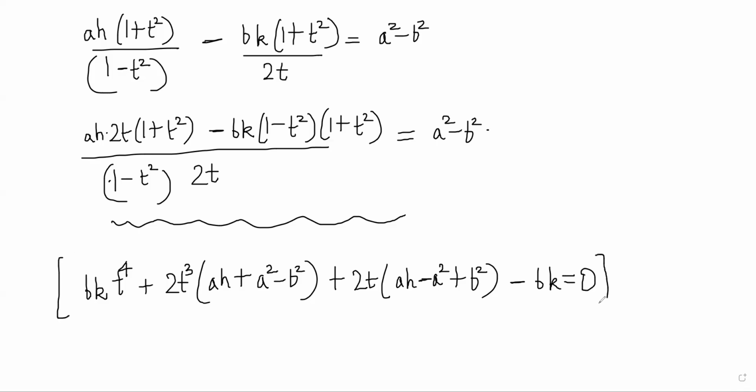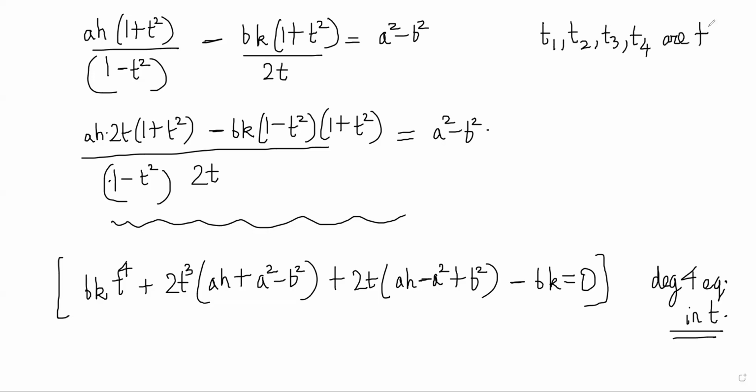So notice that this is a fourth degree equation in t, right? And t was tan theta by 2. So this will have at most four real roots. And you can say, let's say t1, t2, t3, t4 are the real roots of this equation.